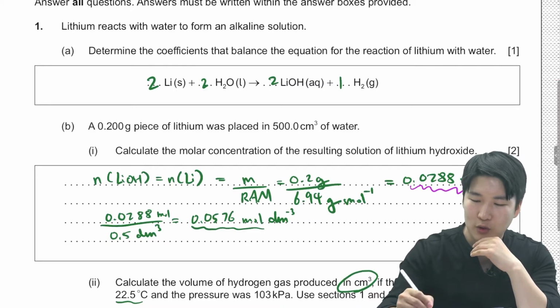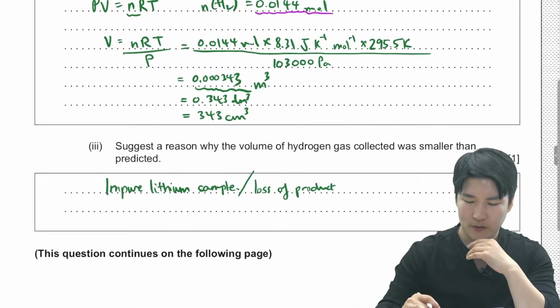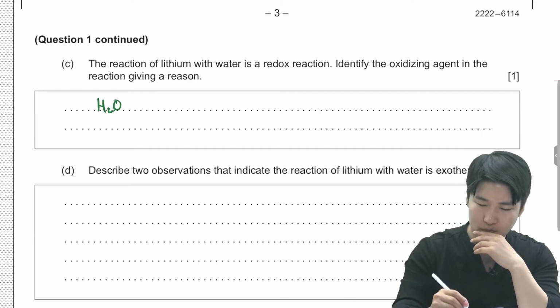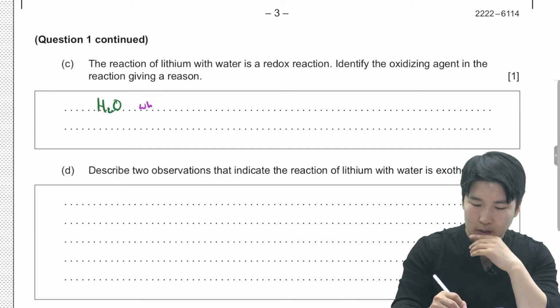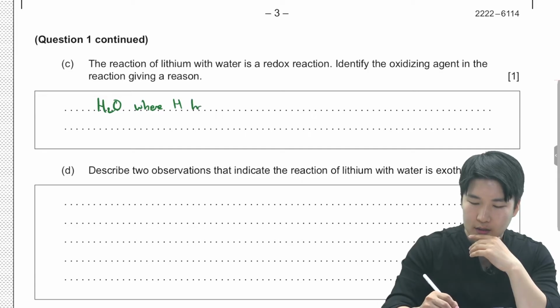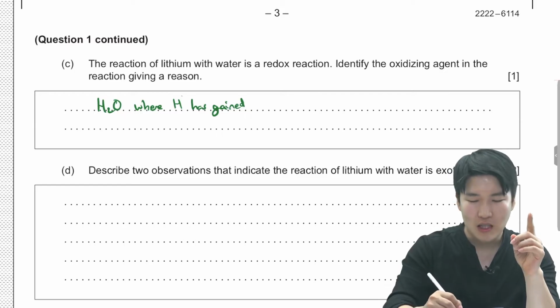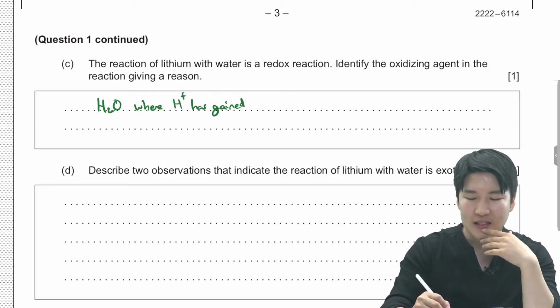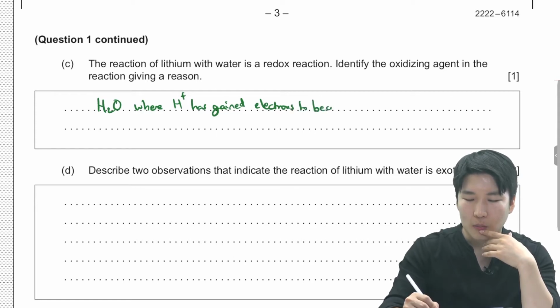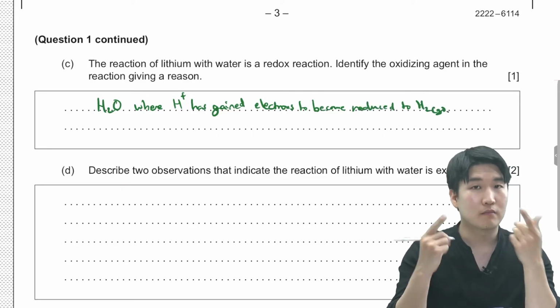Water has been reduced to H+, where hydrogen of water has gained. Specifically speaking, it's the H+ of water that has gained electrons to become reduced to hydrogen gas.